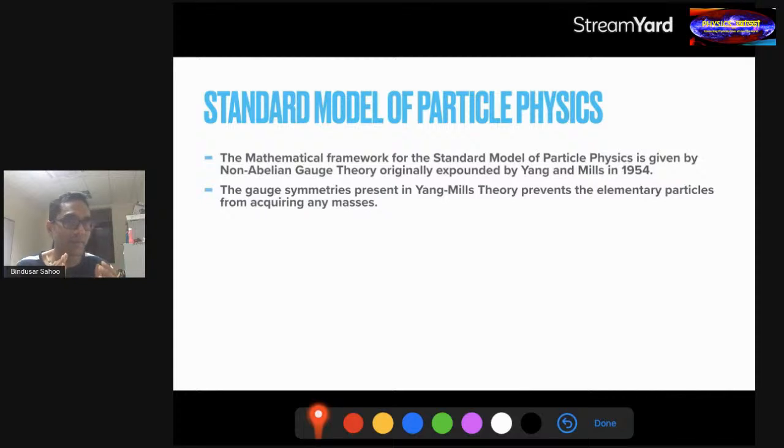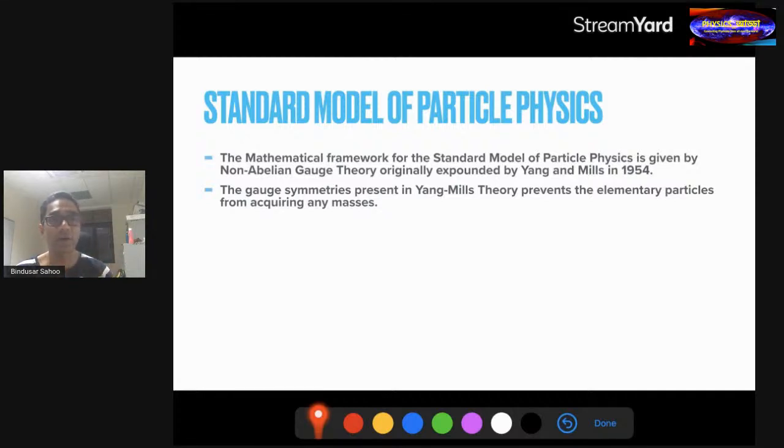Mass for a particle means something from the point of view of the Lagrangian in the quantum field theory. It's a very specific kind of term that you can put in the Lagrangian that will give you the mass for the particle. But these gauge symmetries actually prohibit those kinds of terms in the Lagrangian, and therefore within this framework of non-abelian gauge theory, you cannot put any mass for these particles.